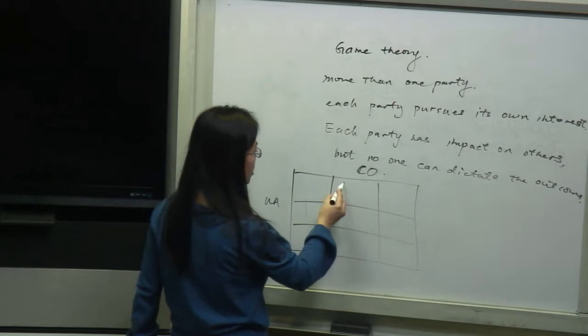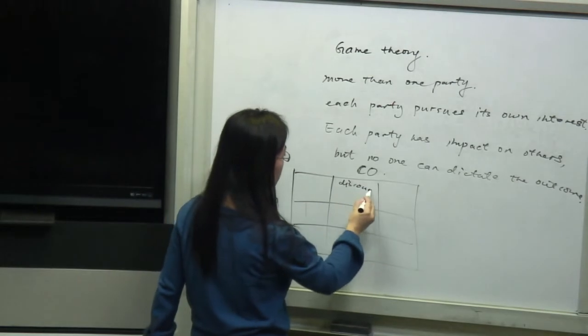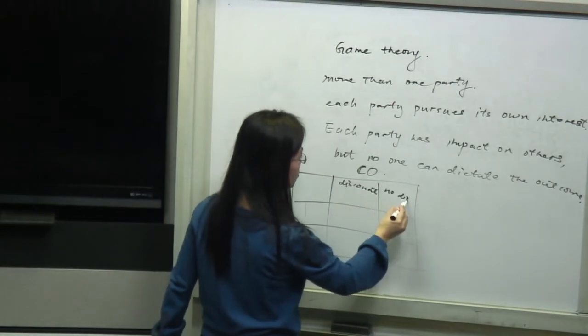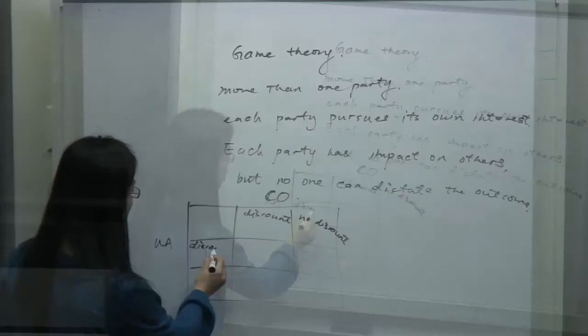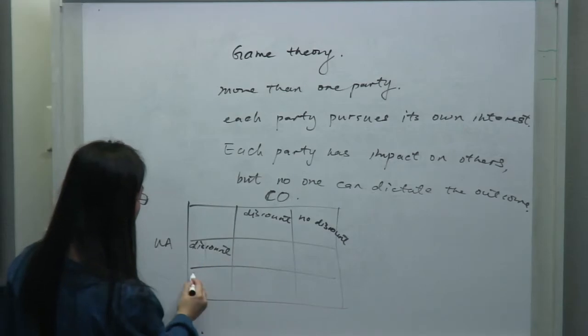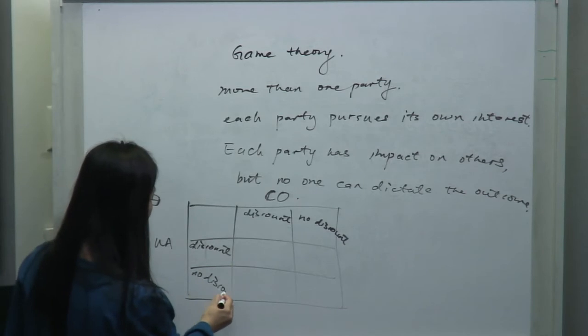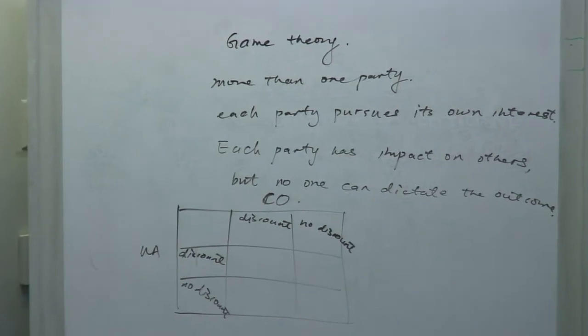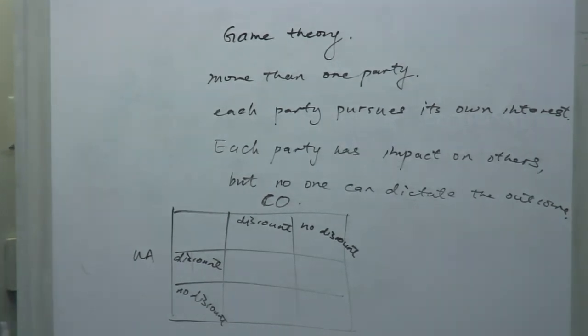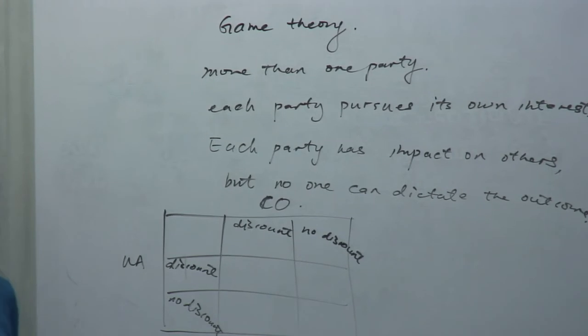They have two strategies to choose from. They can either offer a discount or no discount. If they offer a discount, then the ticket price will be $1,000. If no discount, the ticket price will be $1,500. Each one of them has two strategies to choose from, and they're going to make the decision simultaneously.